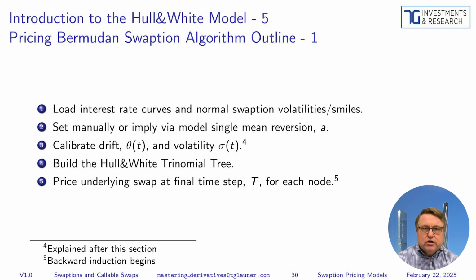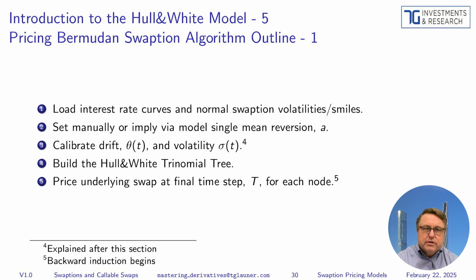Mean reversion determines how quickly short rates move back toward the long-term average. We then calibrate the drift term theta(t) and volatility sigma(t) to ensure consistency with market observed prices. This calibration process is essential for aligning the Hull-and-White model with interest rate behavior.